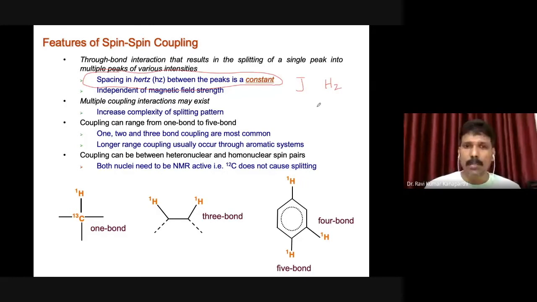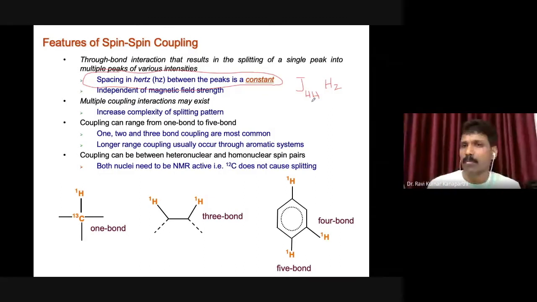I must also tell you that this is not the correct notation; there is another correct notation. Usually we write HH at the bottom. What do we mean by HH? This is the coupling constant of two protons.